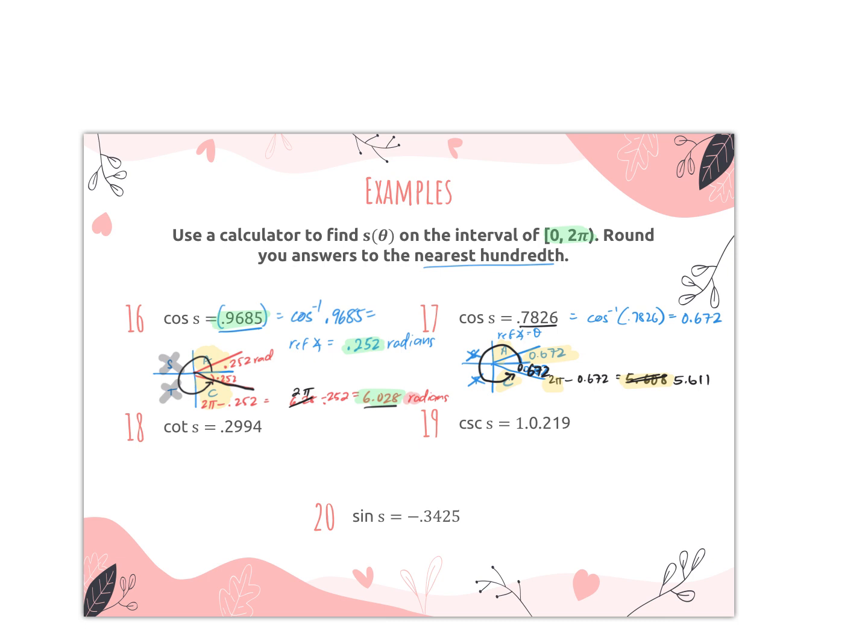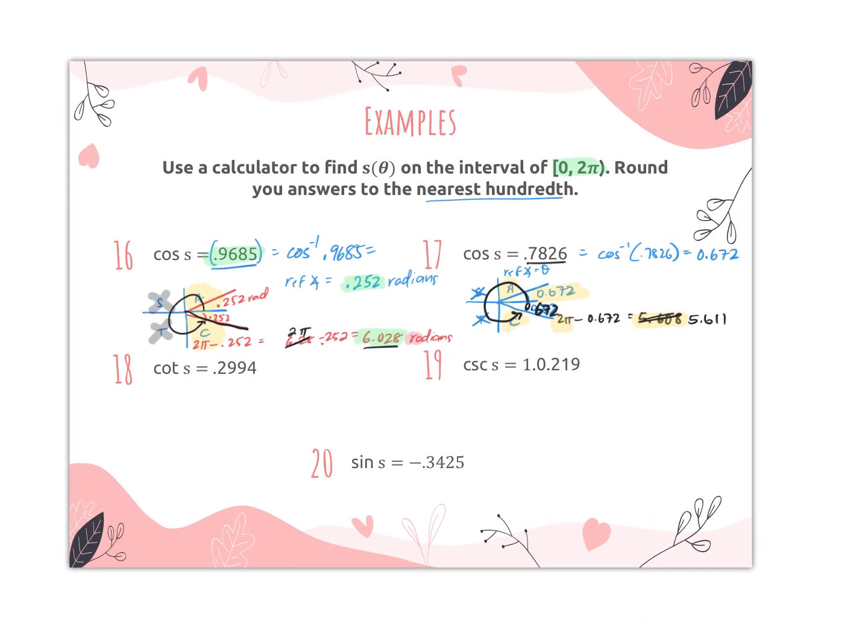And I guess we'll tell you on the test which we prefer, if it's multiple choice or something. Okay, then we go here to cotangent. So we're trying to find out which angle measure in radians has a cotangent of 0.2994. So we know that the tangent of the angle is 1 over the cotangent of that angle, right?